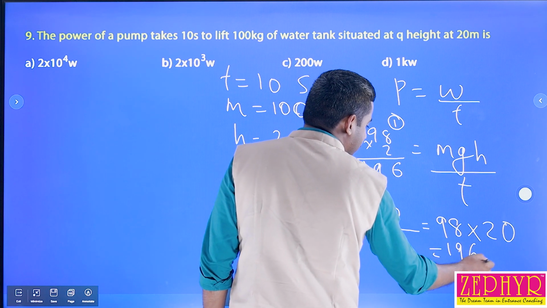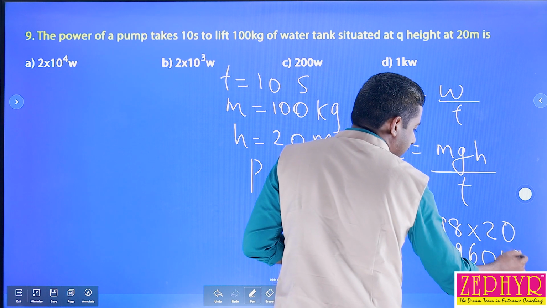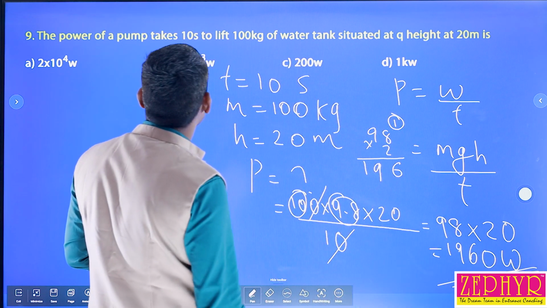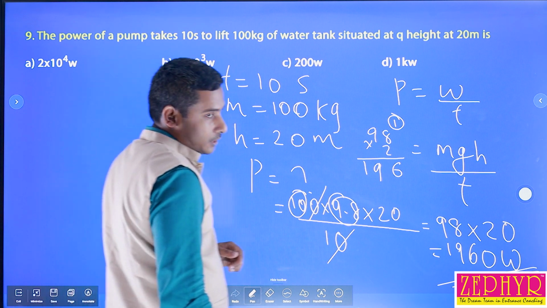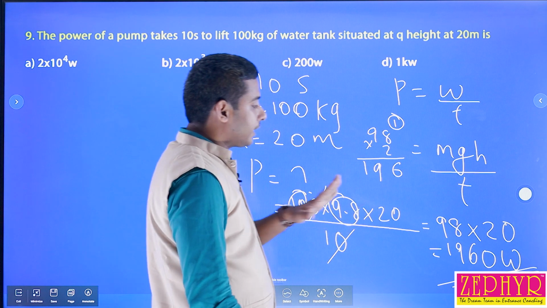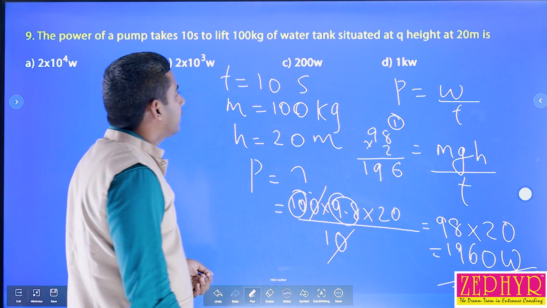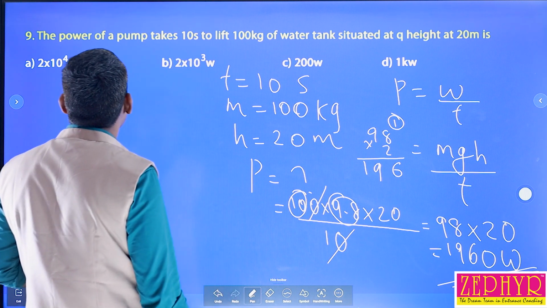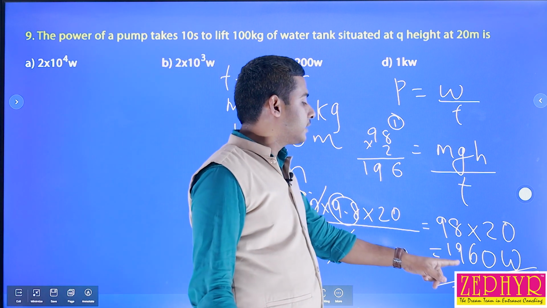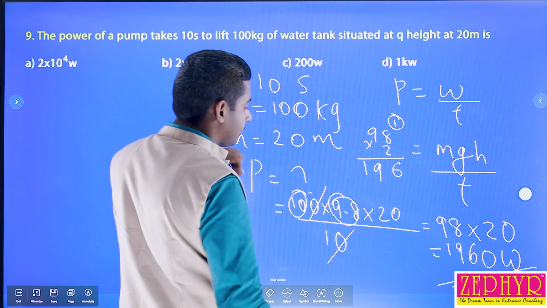So you have to put 10, then they are asking power, the unit is watt. So 1960 watt.